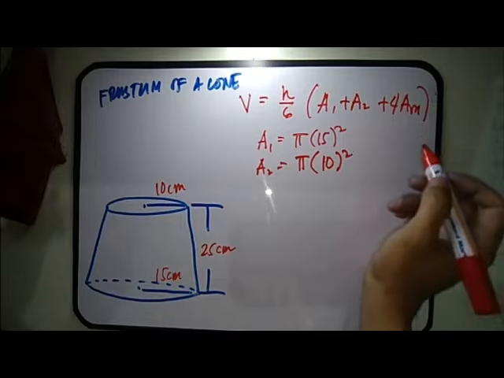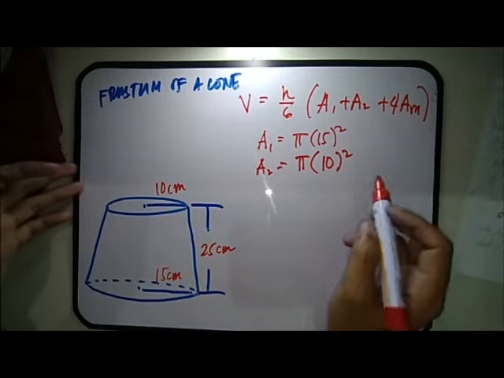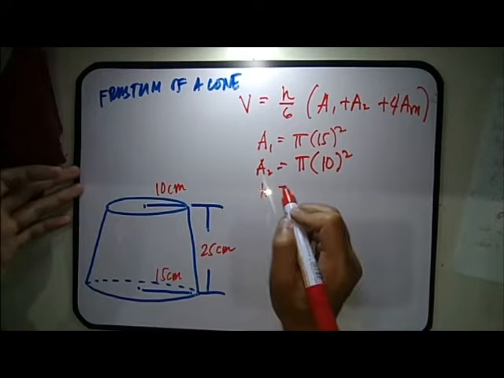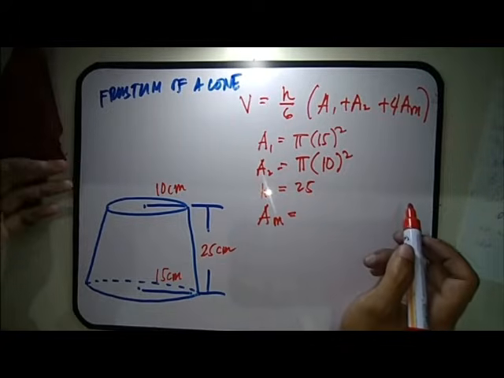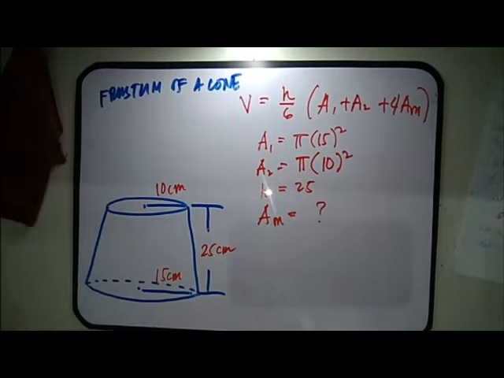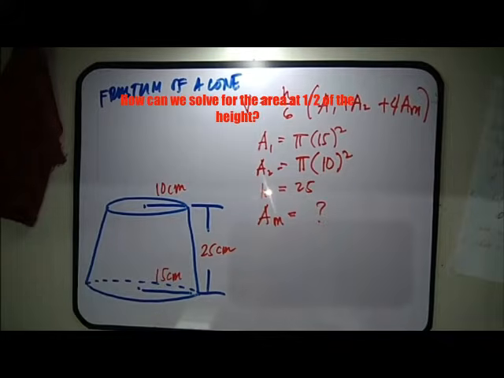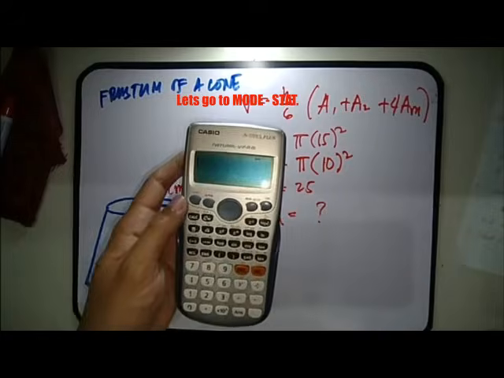So the question is, what is the mean area? H is 25 cm, but the mean area is missing. So how do we compute that? We will use a calculator technique, guys. Let's go to mode, stat.